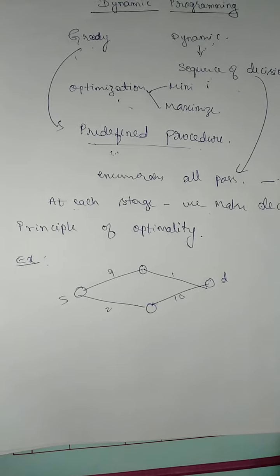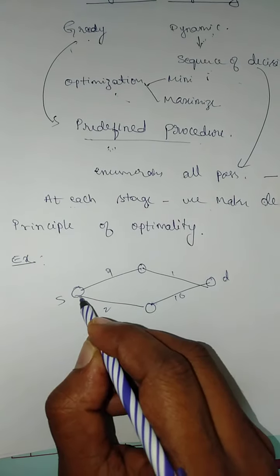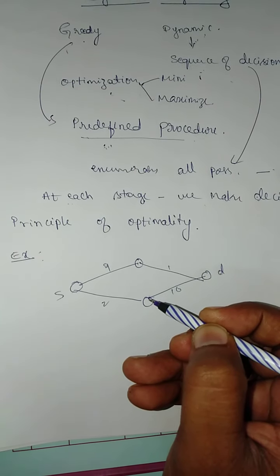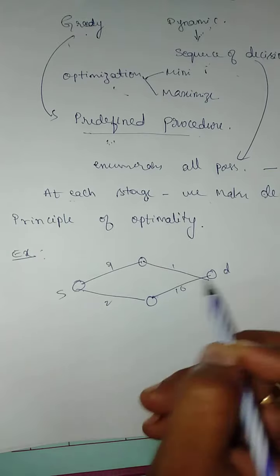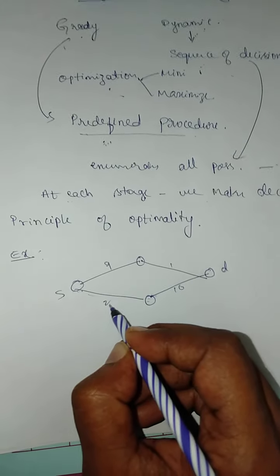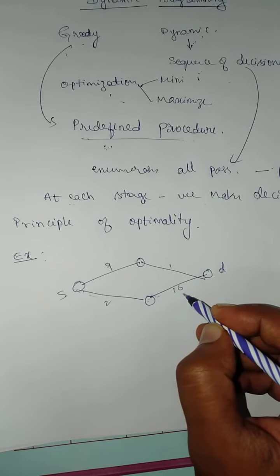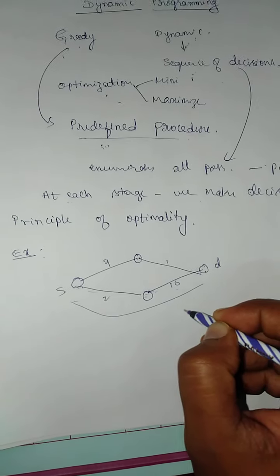Our intuition always says that from the source to destination we always select the minimum cost edge, right? But in this very small example you see that if I select this edge first, which has the minimum cost, then the next edge has cost 10, and the total cost from source to destination is 12.